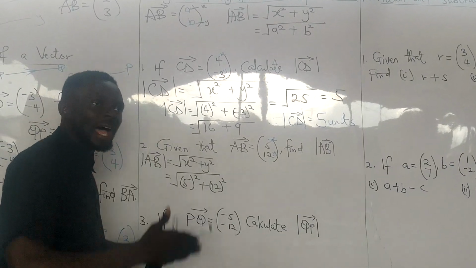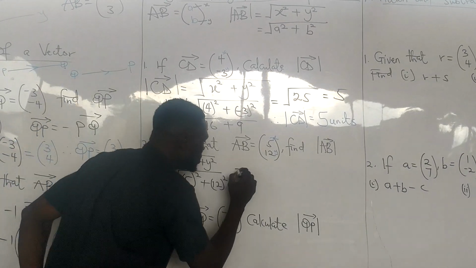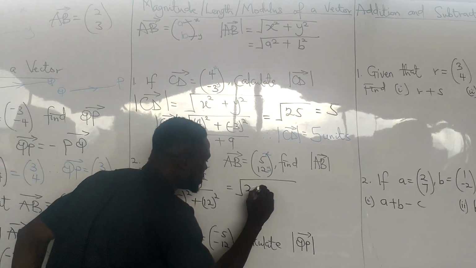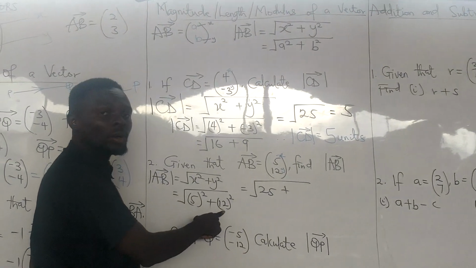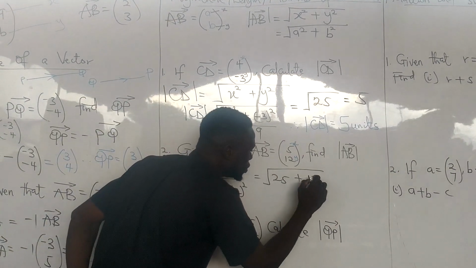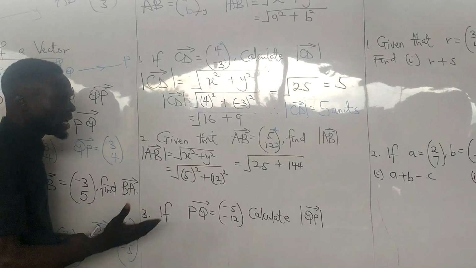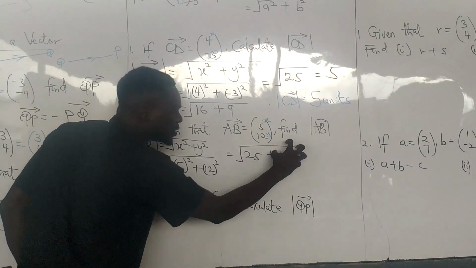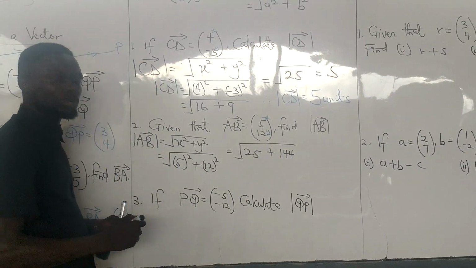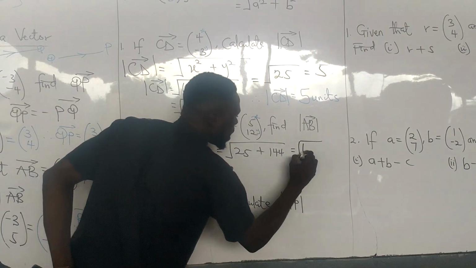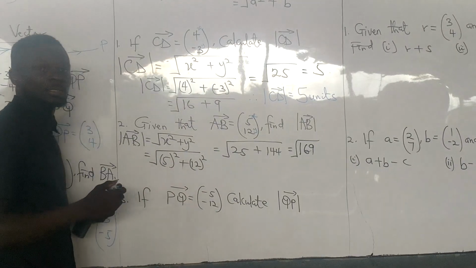Meaning 5 times 5, which is 25. Plus 12 squared, giving you 144. If I put 25 and 144 together, this gives you the square root of 169.